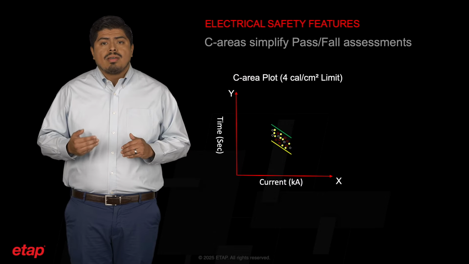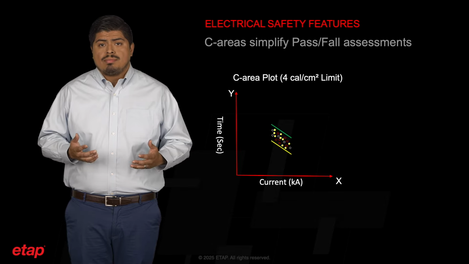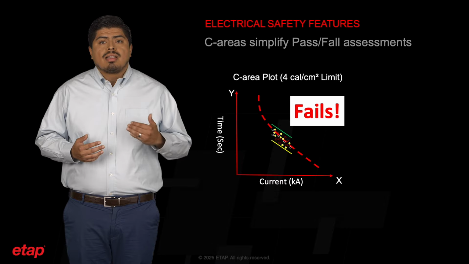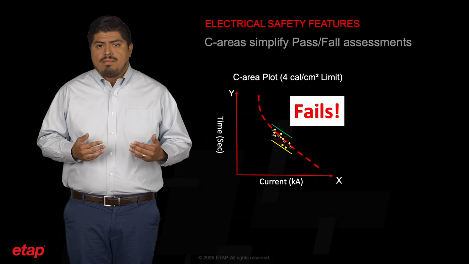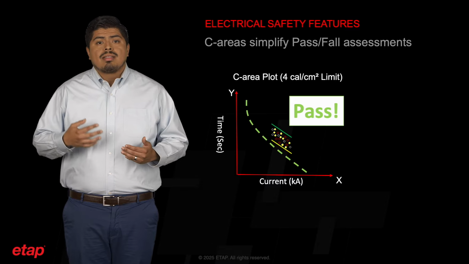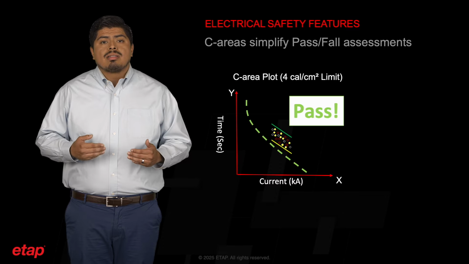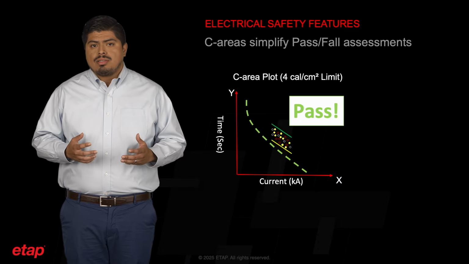The pass or fail criteria then becomes trivial, which is to verify the protected device trip curve is to the left and below the C area curve. When this is true, the desired incident energy design limit will not be exceeded while considering many input data variations.